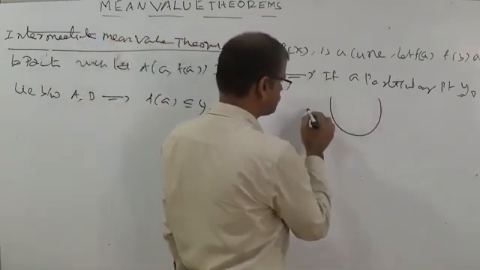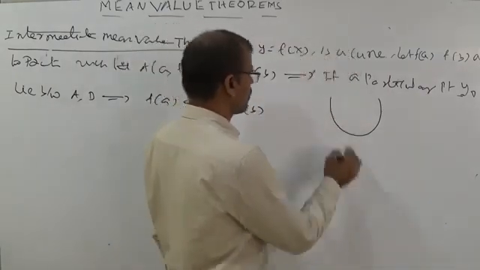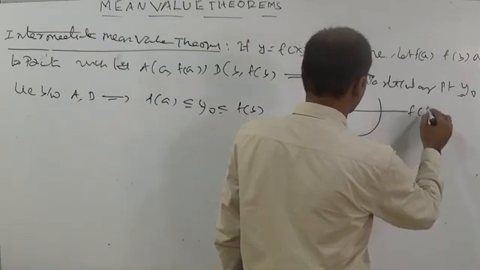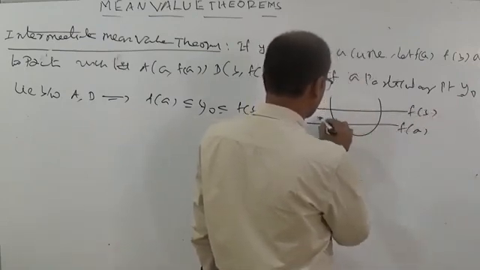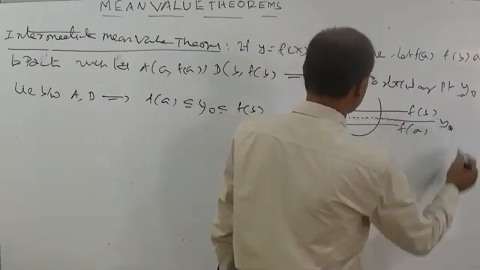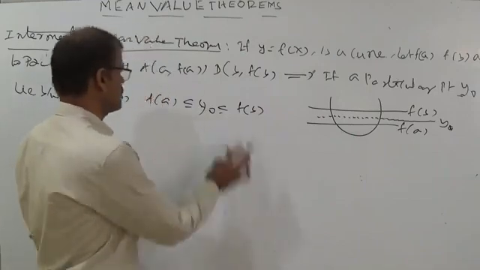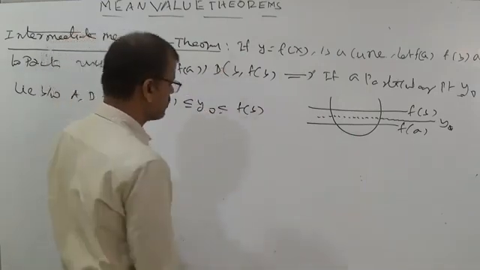Use it like this. f of a, f of b, two points are there. This is f of b, this is f of a, and this is y naught. So you can say f of a is less than or equal to y naught, less than or equal to f of b.